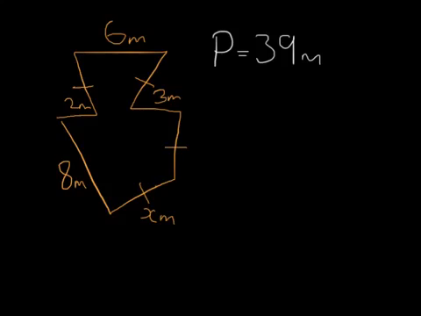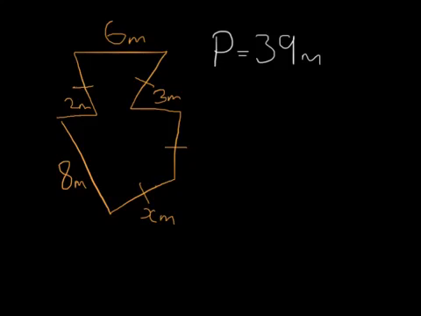Sometimes the shapes will be really complicated and you'll have lots of sides that are unknown. In this shape, I've got 8 meters here, I've got x here, and every length that has a dash through it is also x. So I've got 4 lots of x in this shape. Don't worry, I can still figure this out. I know that the perimeter is 39 meters. So let's do what we did before.